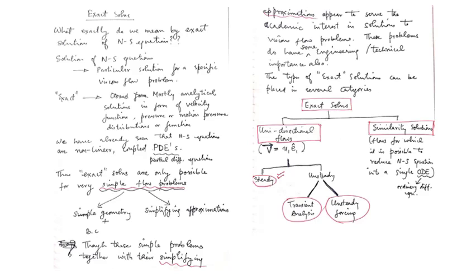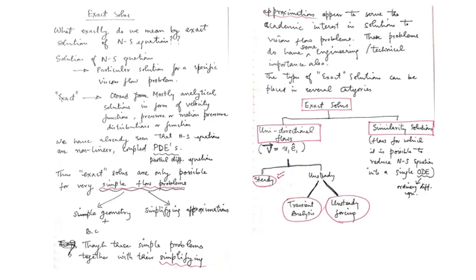Since there are two keywords, exact and solutions, I am first trying to bring your attention to the fact that when we say solution of Navier-Stokes equation, we mean a particular solution for a specific viscous flow problem. So one should have a specific viscous flow problem to talk about a particular solution of Navier-Stokes equations.